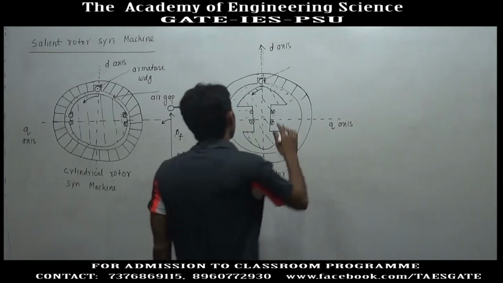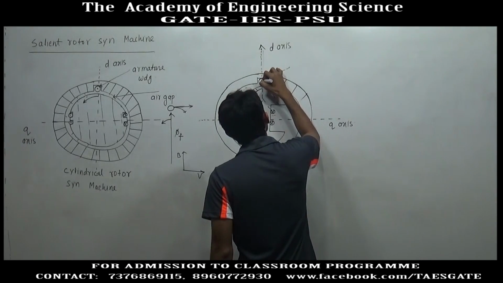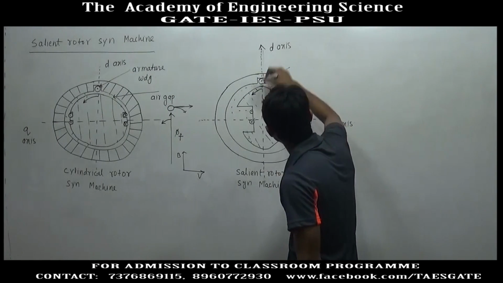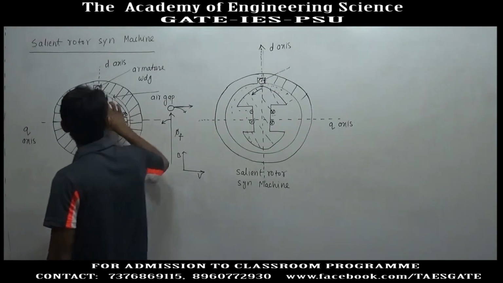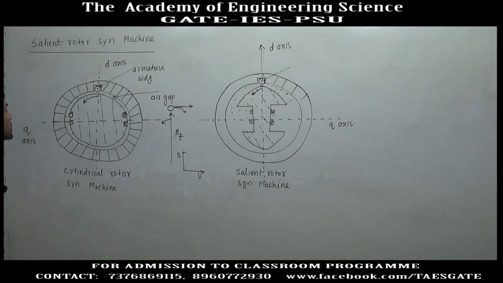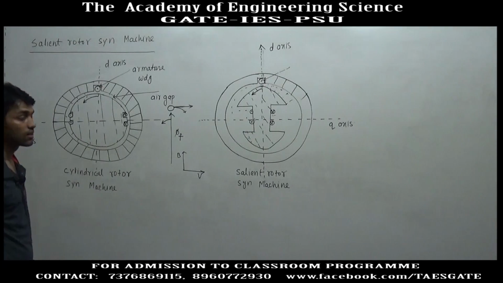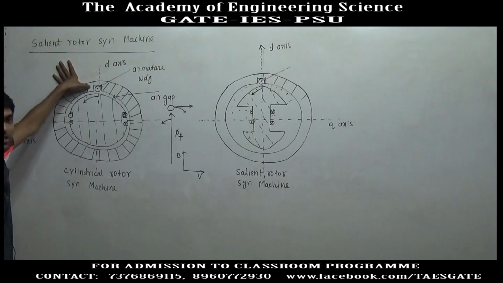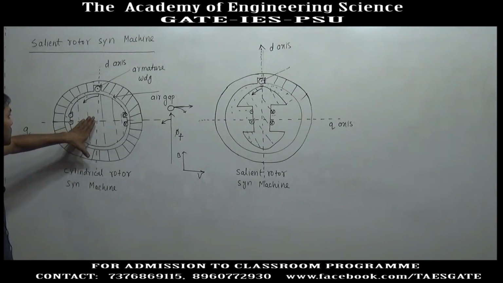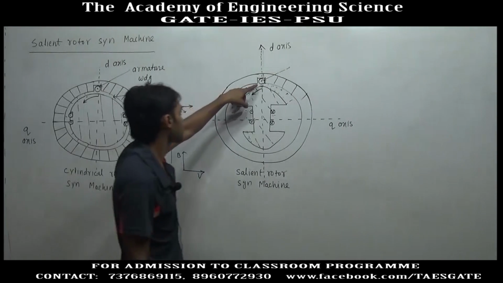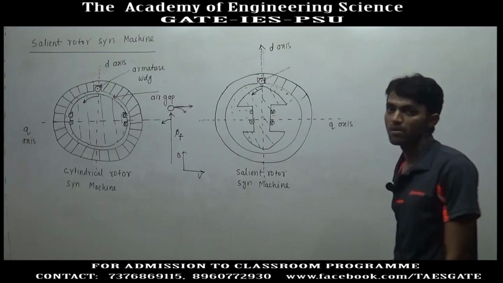Here also this conductor is in the influence of the maximum field, because if the rotor rotates, the field axis will rotate and the conductor will get a cos component of the field. So if this conductor is in the maximum influence of the field, it will have maximum EMF generated. In this position it is in the maximum influence of the field, so this conductor, and here also this conductor, will have the maximum EMF generated in it.